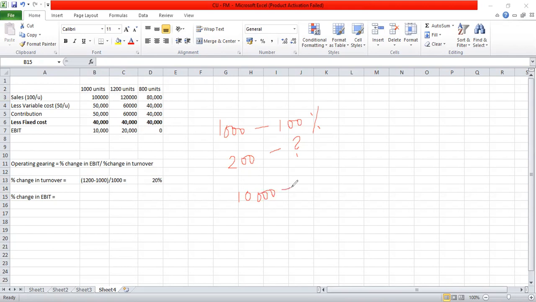The first level EBIT is 10,000, so this is 100%. Now it has increased to 20,000, so the difference is 10,000. Another 10,000 is what percentage? There is a 100% increase in the EBIT.